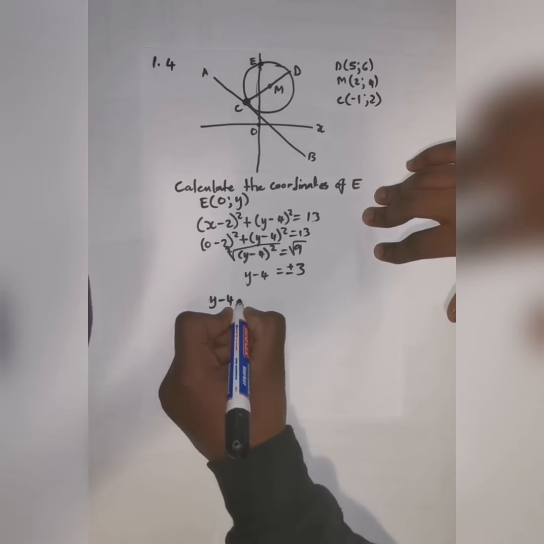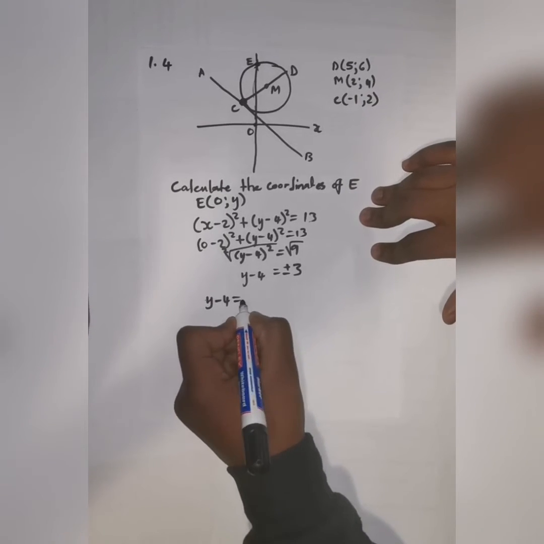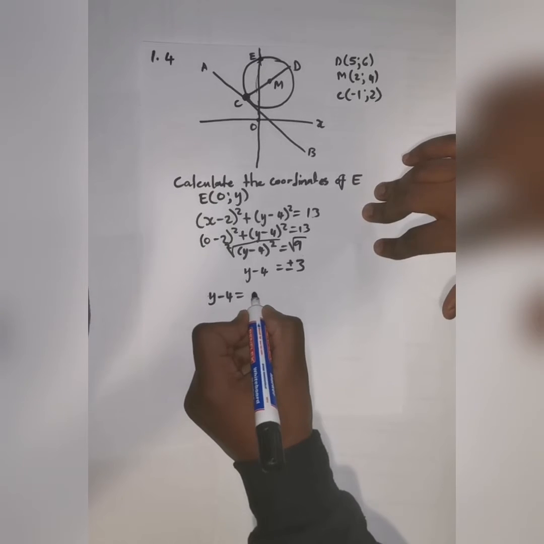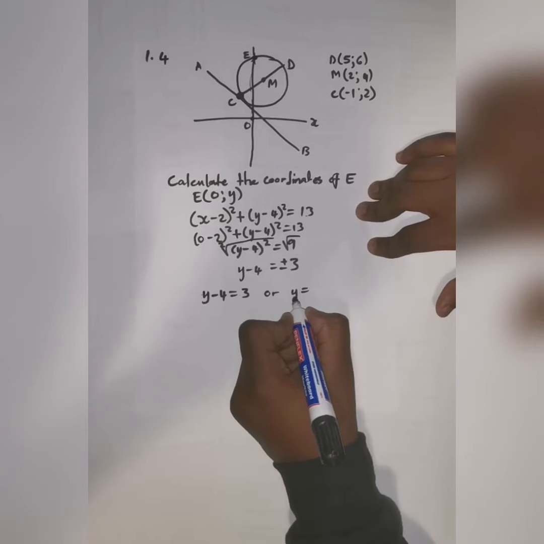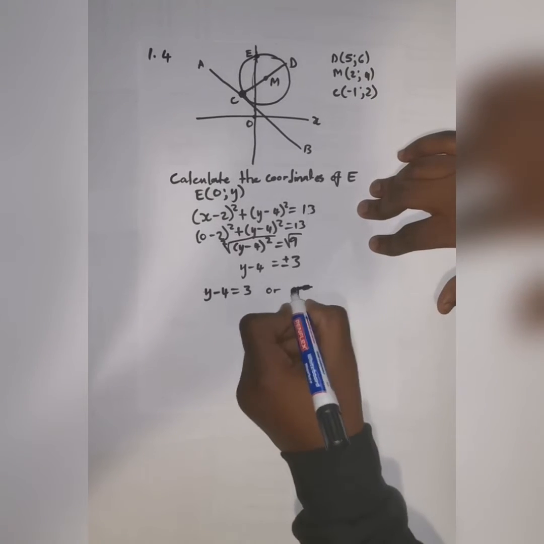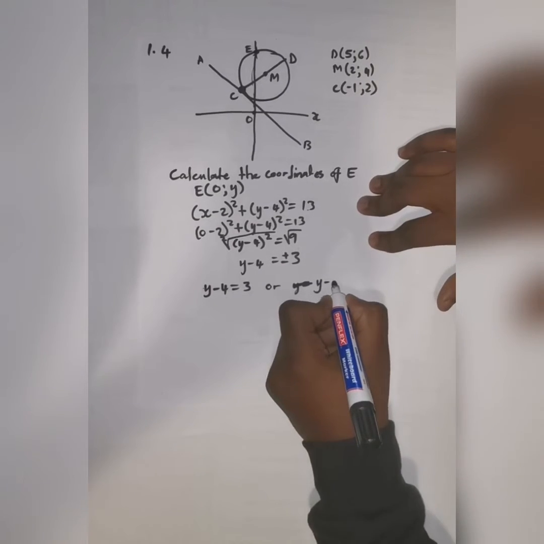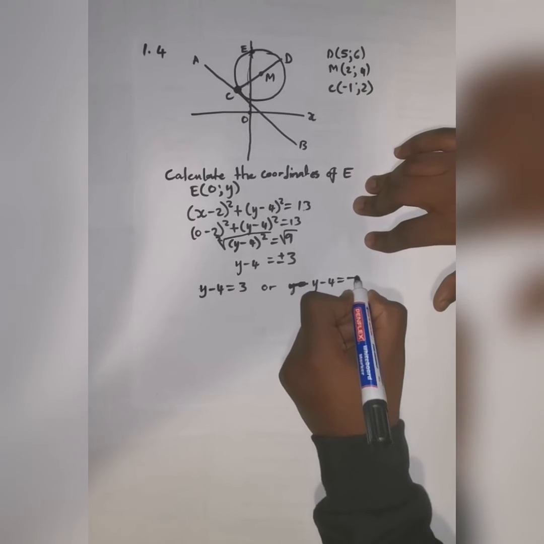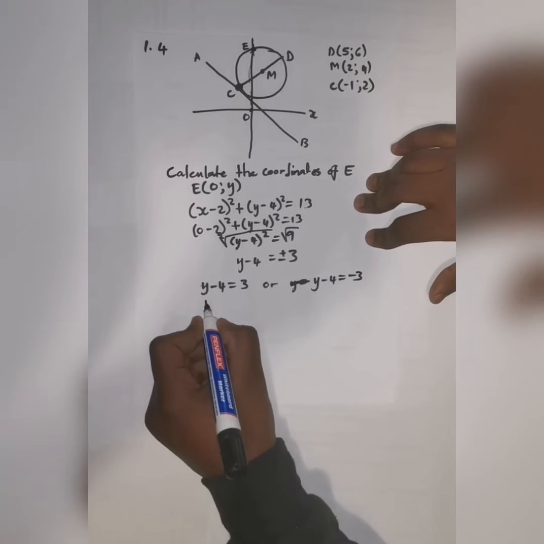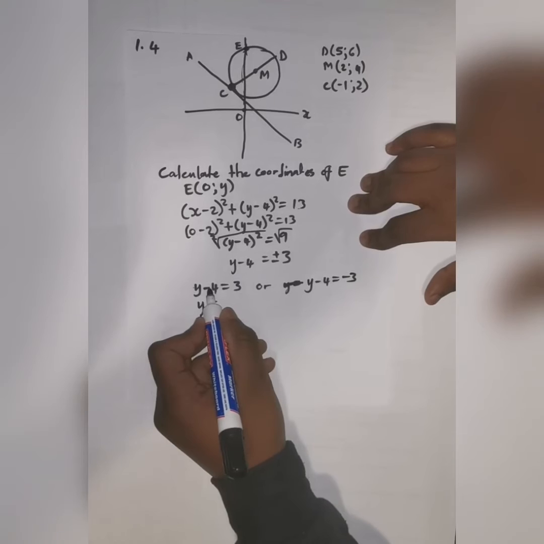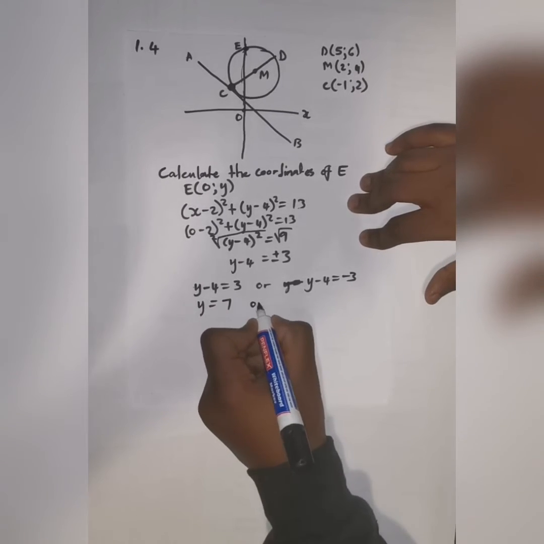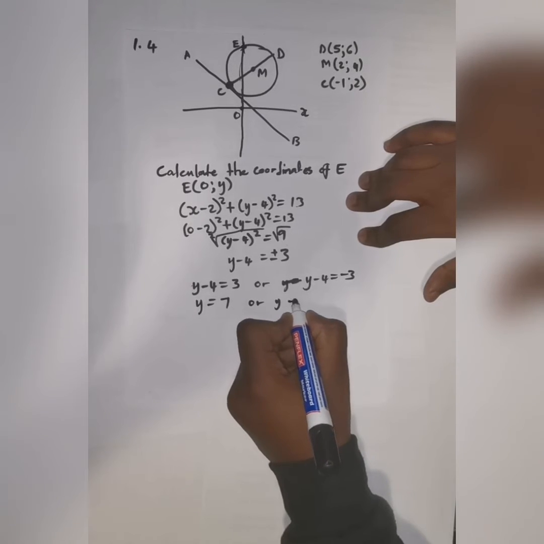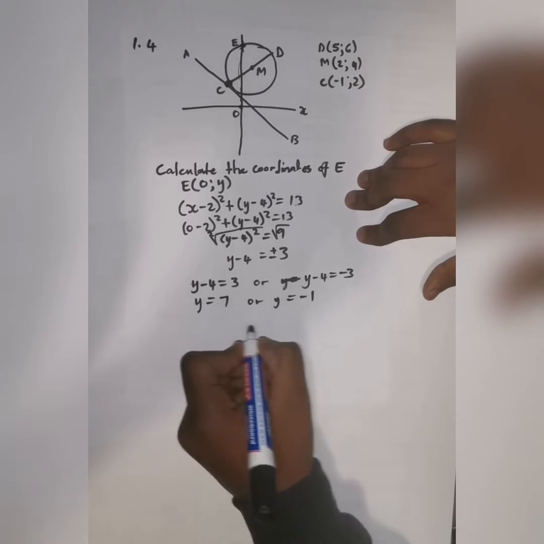and I'm going to explain why we even have 2 solutions in this case. Excuse me, this is going to be y minus 4 is equal to negative 3. Checking this, it's going to be 3 plus 4, so it's 7, or negative 1.